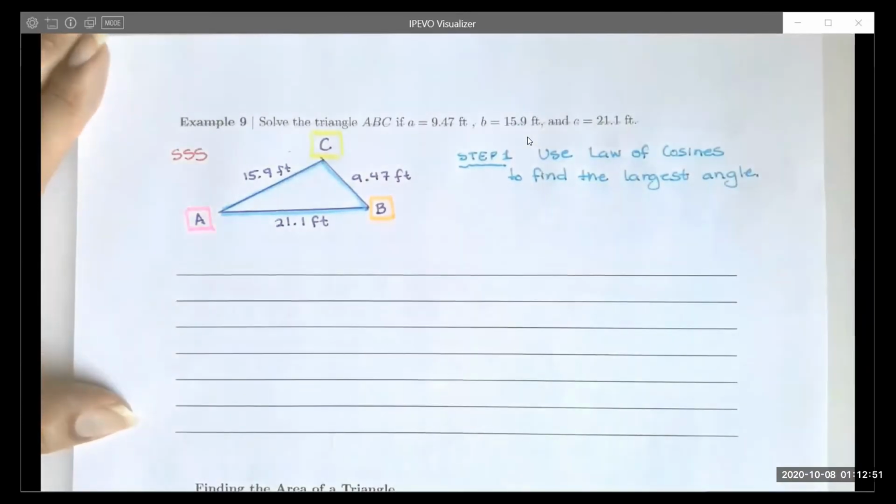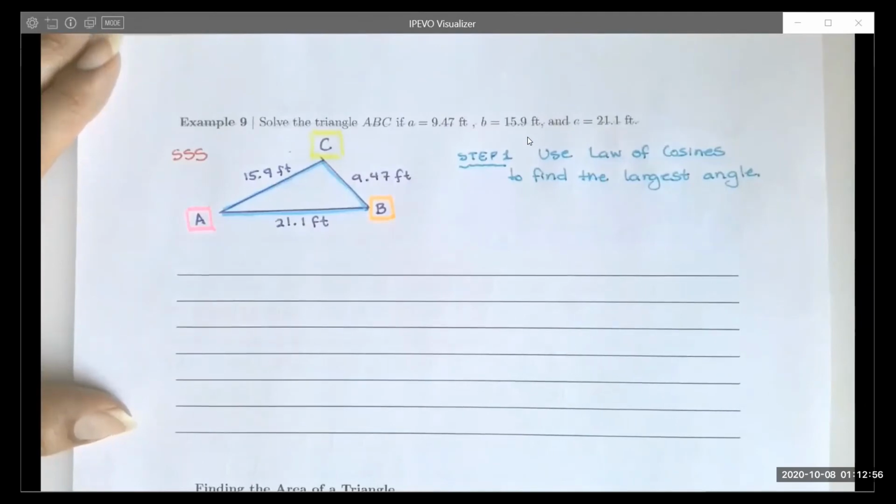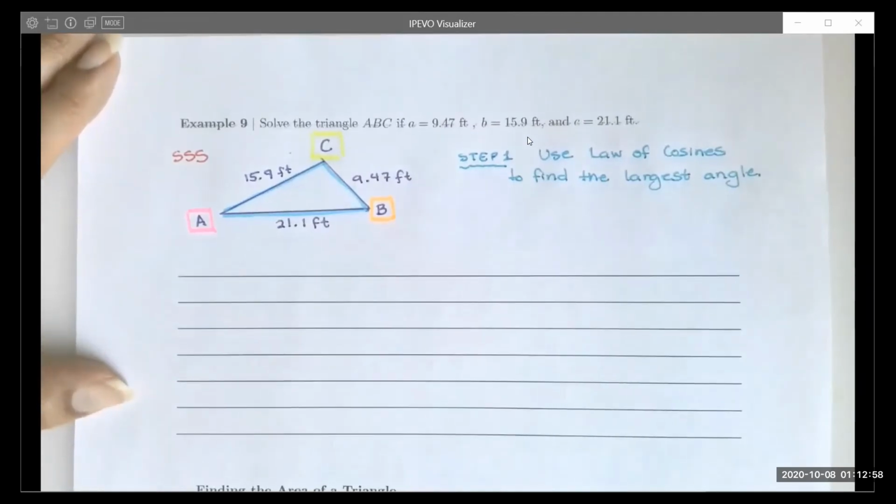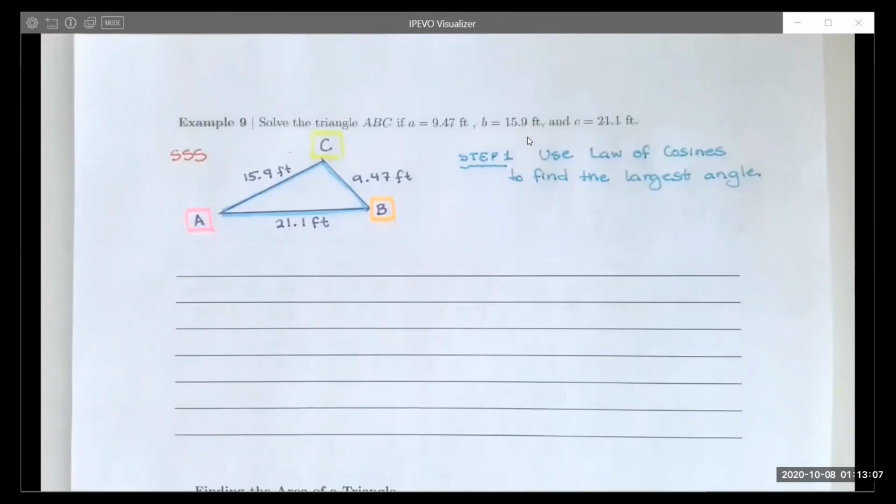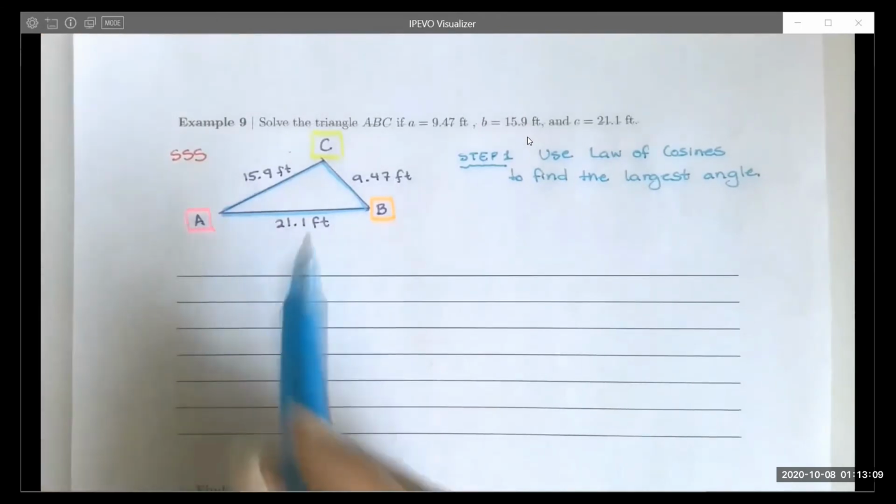So which of these angles is the largest angle, and how do you know? Angle C. Good, yeah. And what's the reason? It has the largest side. Good, it corresponds to the largest side. Very good.